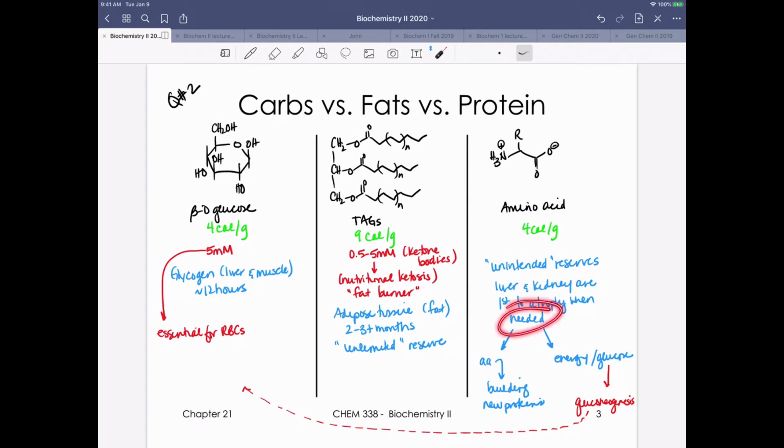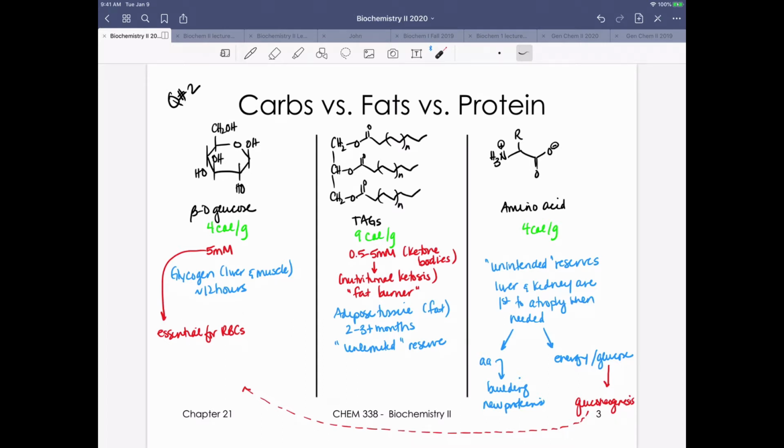And when we talk about what these might be needed for, it might be for energy, or to make them into glucose via gluconeogenesis, or you might need to tap into them because you just need those building blocks to make new proteins or new amino acid derivatives.